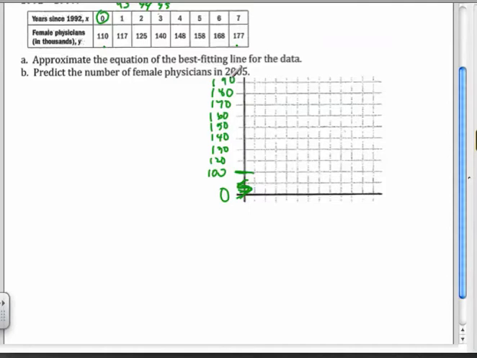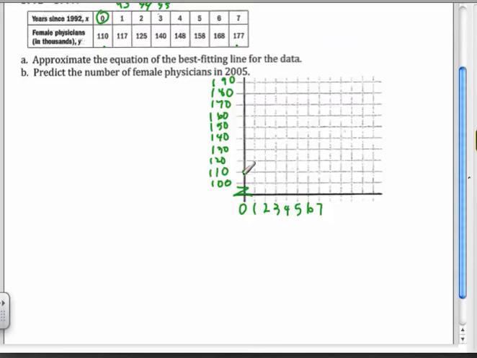Oh, you know what? Let's do this then. Let's make this 110 and this 100, and then I'll just break the graph right there. This is 0, 1, 2, 3, 4, 5, 6, 7. Everybody happy with that? So 0 is at 110, so we'll put that right here.